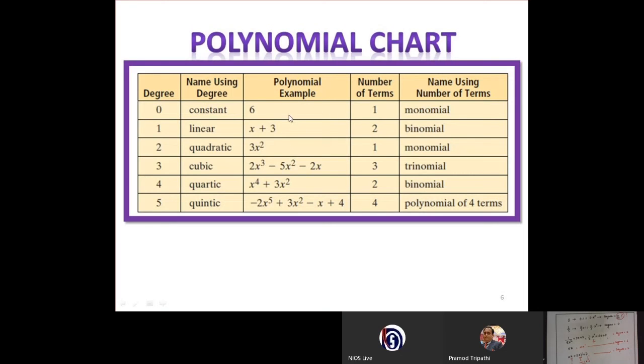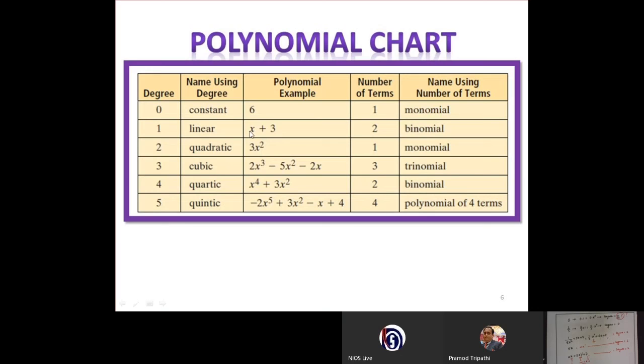The degree is 0, hence it is a constant polynomial. There is only one term, hence it is a monomial. So when we classify it term wise, it is a monomial, and when we write it degree wise, it is a constant polynomial.